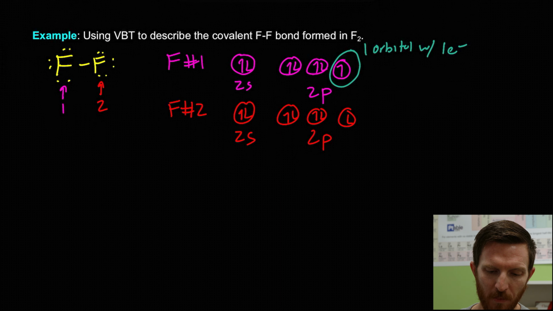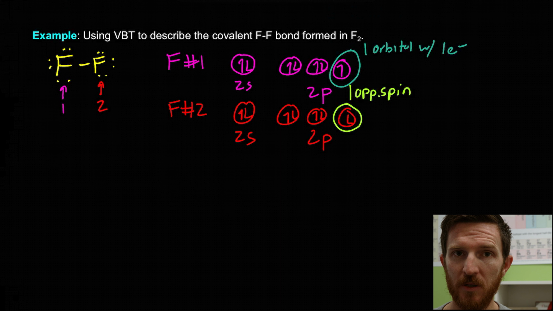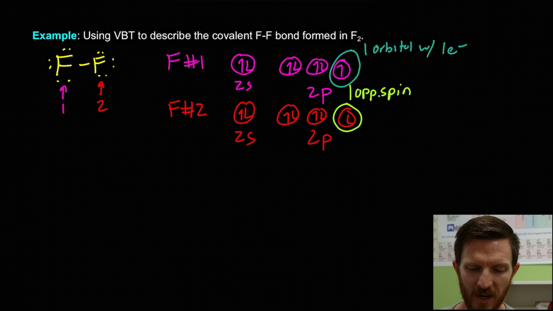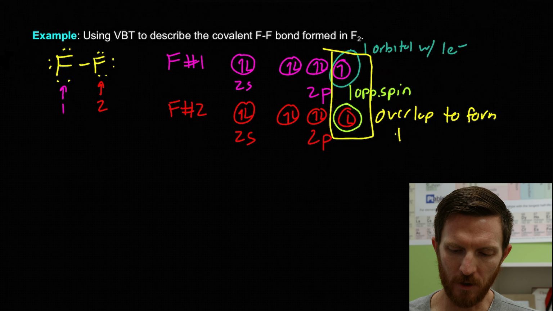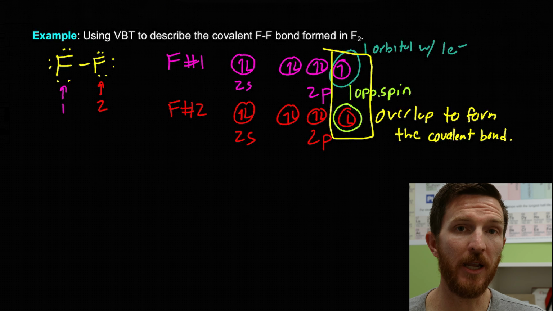For the bond to form between these two, my electrons need to have opposite spin. So one has up spin and one has down spin; one has a positive 1/2 spin quantum number and one has a negative 1/2 spin quantum number. Now that we've defined this, we see these orbitals will overlap to form the covalent bond between our two fluorine atoms.